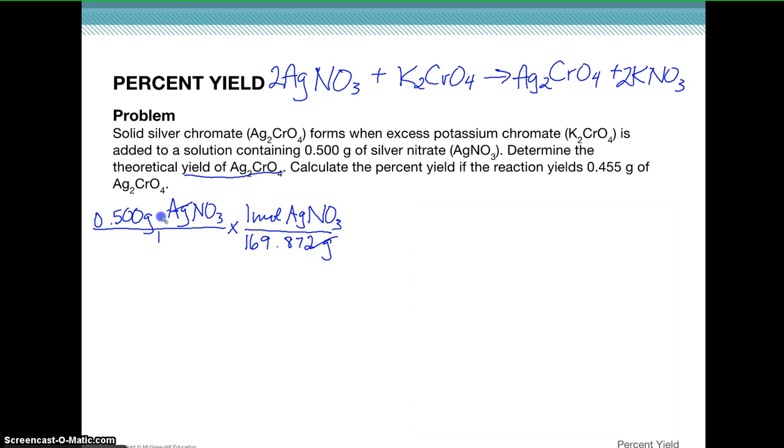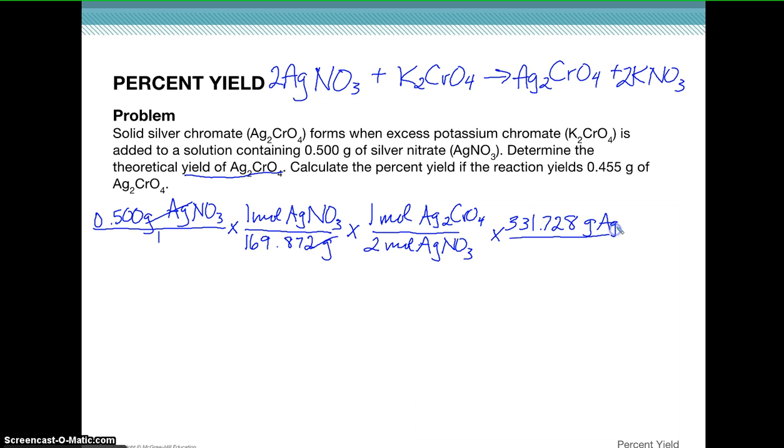Our grams cancel. Then we need our mole ratio. So we put our silver nitrate on the bottom, and we have 2 moles of silver nitrate. And we're trying to find silver chromate, and we have 1 mole of that. And then we want grams of our product, so we need the molar mass of silver chromate, which is 331.728 grams per mole.